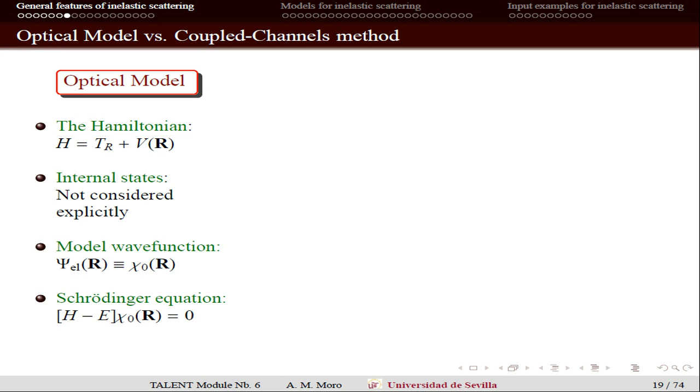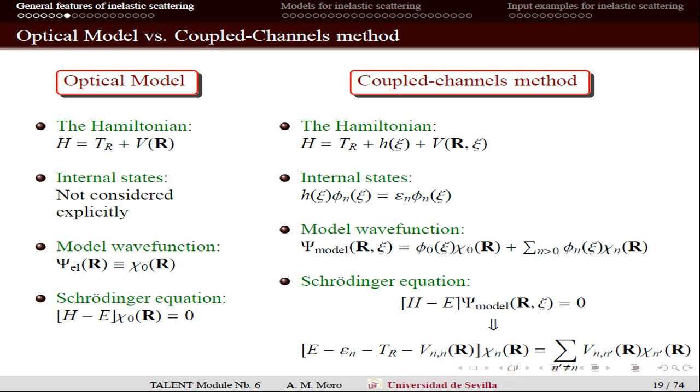So the internal states are not considered explicitly at all, and our model wave function contains just one term. This term is a solution of the Schrödinger equation that eventually we can develop in partial waves. For the coupled channels, we generalize the Hamiltonian in order to include the internal Hamiltonian of the projectile, the target, or both of them.